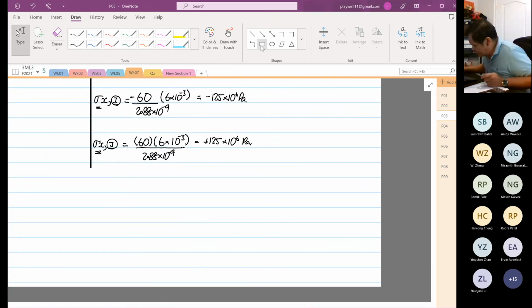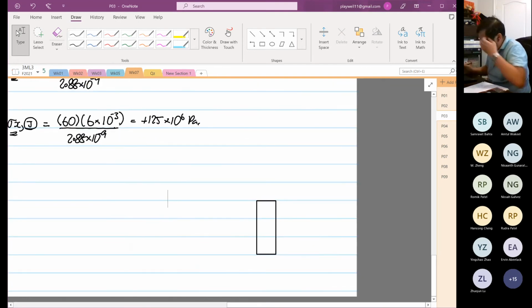I'll keep the beam orientation the same, but I do need more space, so I will push it over here. Over here, our normal stress is still in the x direction.